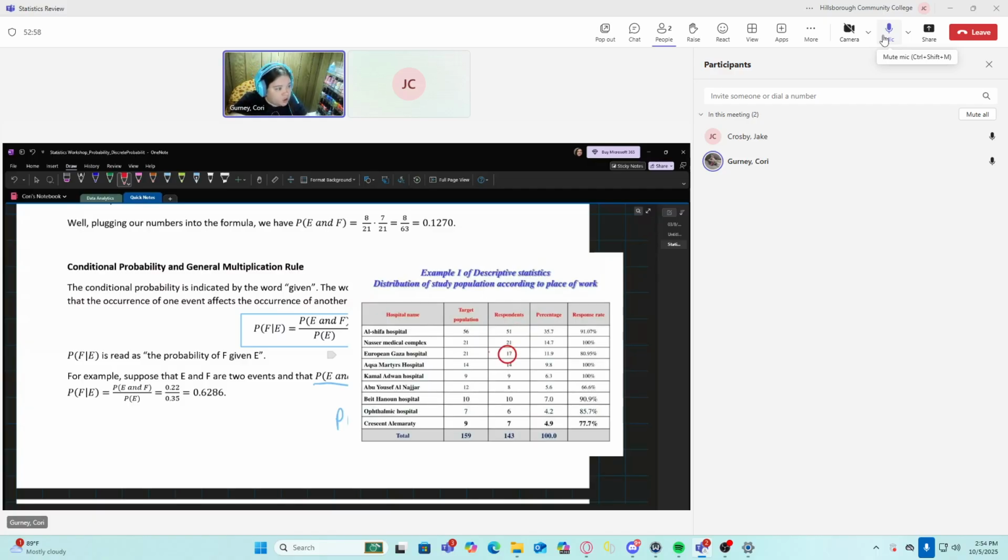So this right here would be your "and," because that's where they intersect. Then you would just take this total, because this is the total of E, and this is E and F right here, because that's where they intersect with each other. And that's what I mean by either they give you the values or they give you the chart and ask you to find it.